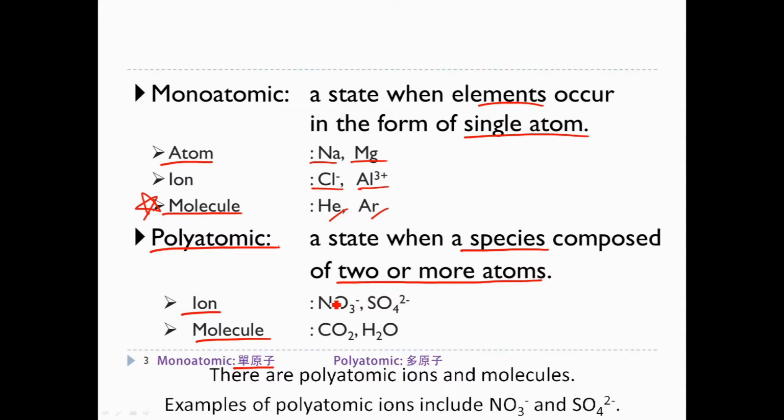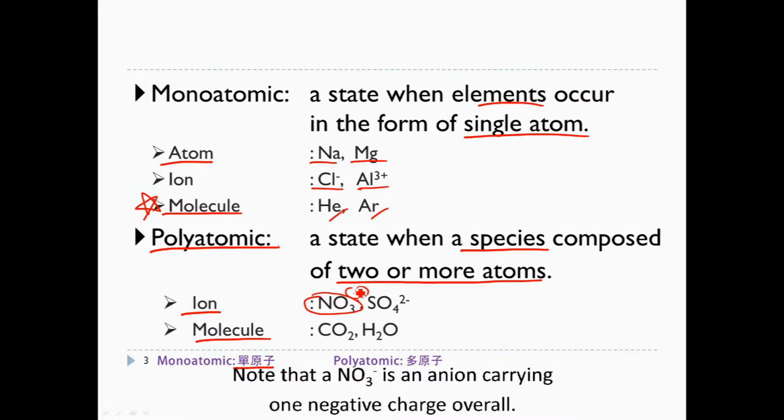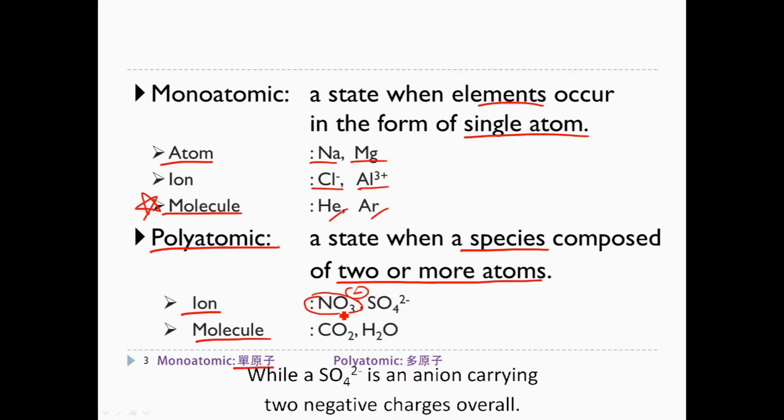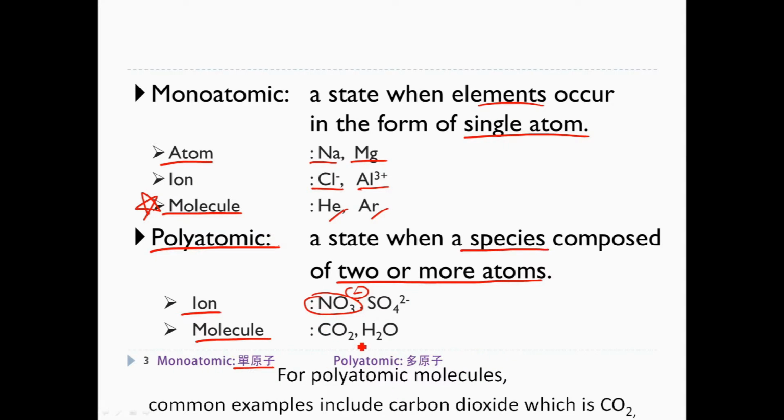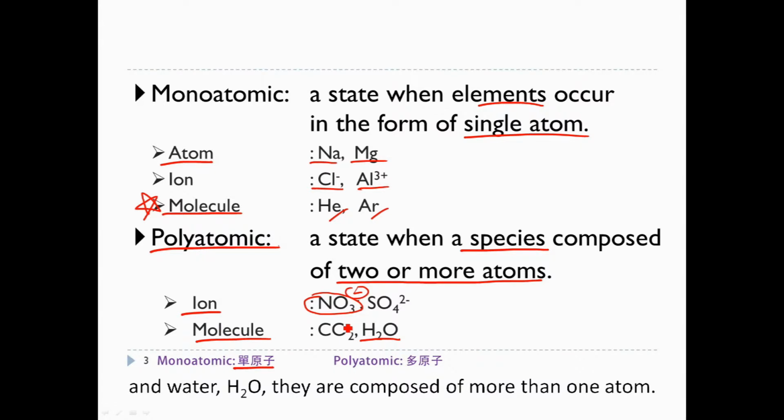Examples of polyatomic ions include NO3- and SO4 2-. Note that NO3- is an anion carrying one negative charge overall, while SO4 2- is an anion carrying two negative charges overall. For polyatomic molecules, common examples include carbon dioxide, which is CO2, and water, H2O. They are composed of more than one atom.